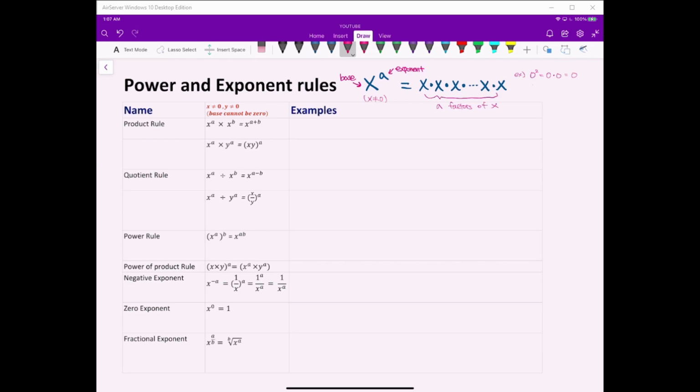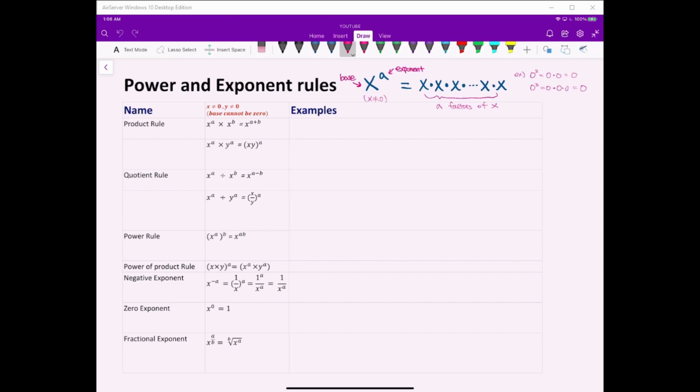And we have 0 cubed, which is 0 times 0 times 0, that is equal to 0. We have two different powers which indicate the same value. We cannot have 0 as a base.